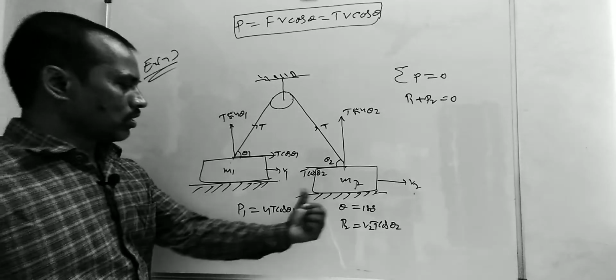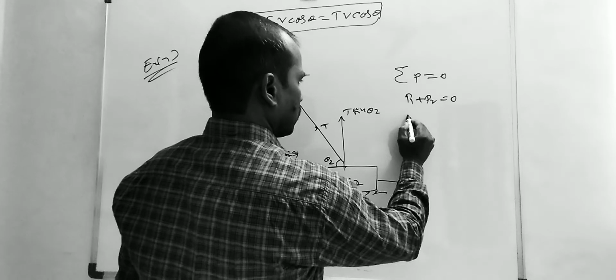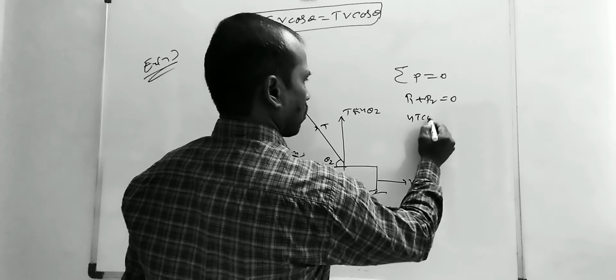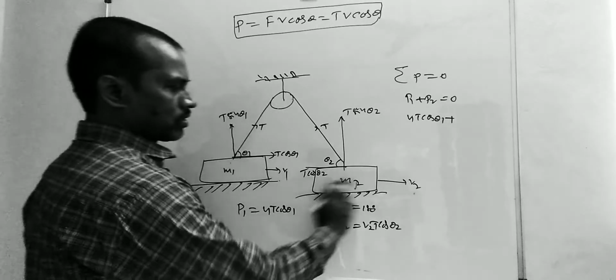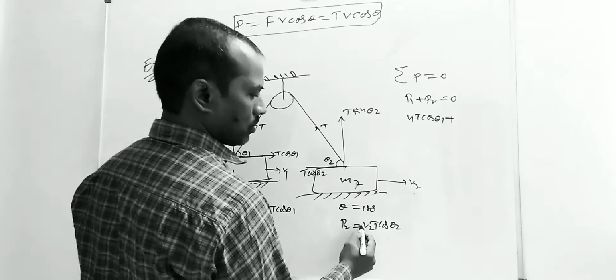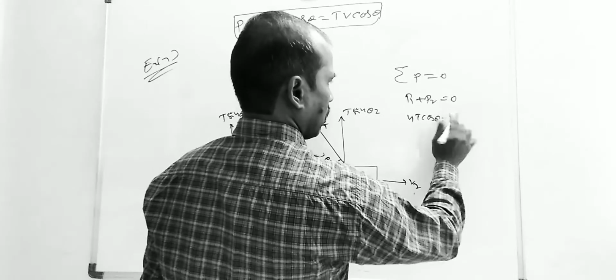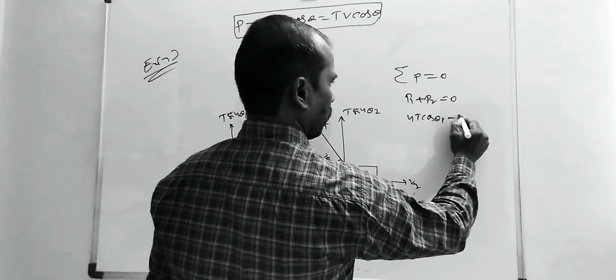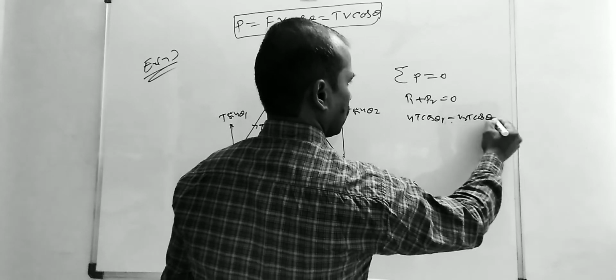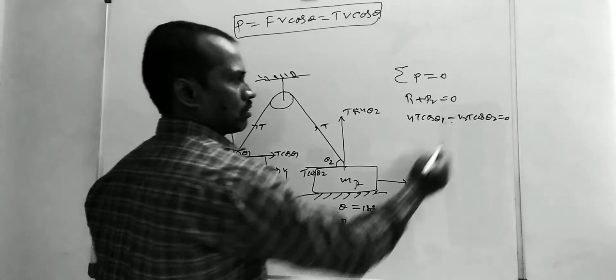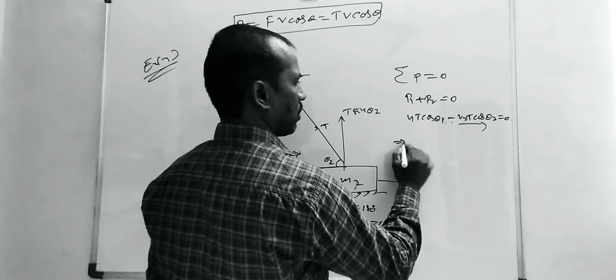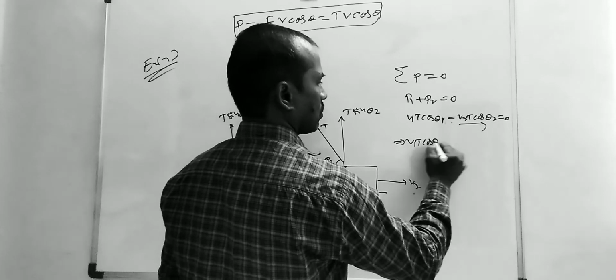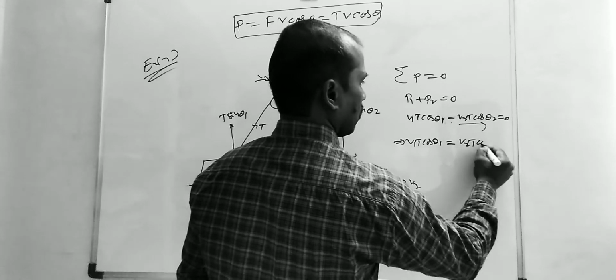Substituting these: P1 is V1 T cos theta 1 plus the opposite direction, so negative, minus V2 T cos theta 2, equals 0. Taking it to the right side, V1 T cos theta 1 equals V2 T cos theta 2.